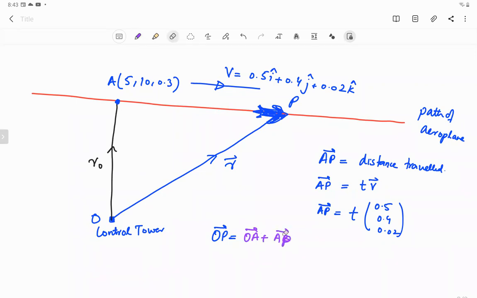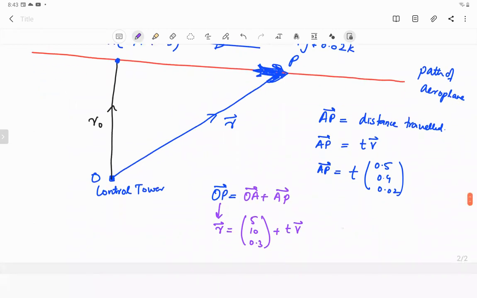OP is equal to OA plus AP, and OP is equal to R, and OA is equal to 510.3, and AP is equal to T times the velocity vector, and it becomes equal to 510.3 plus T times 0.5, 0.4, 0.02.